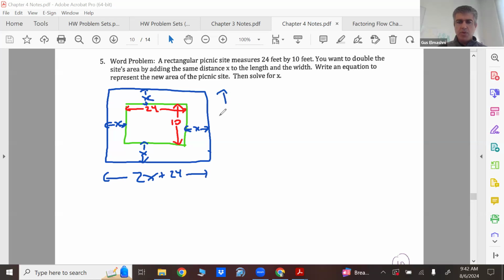And this becomes 2x plus 10. Do you guys see that?